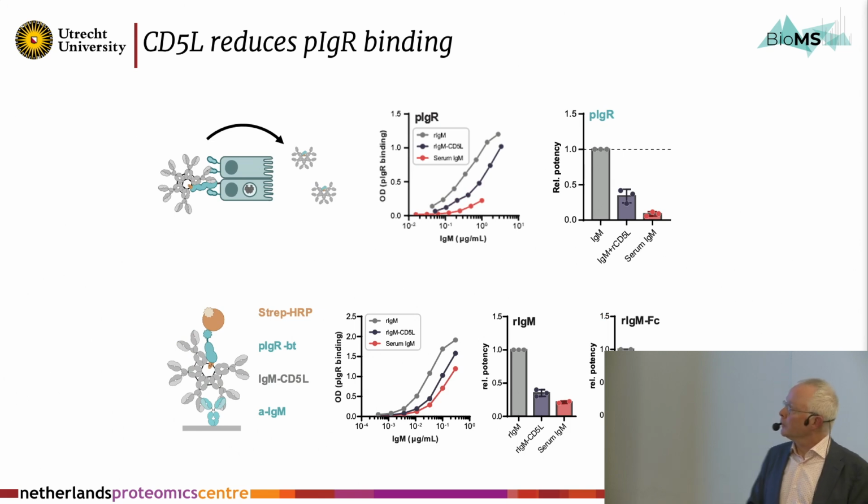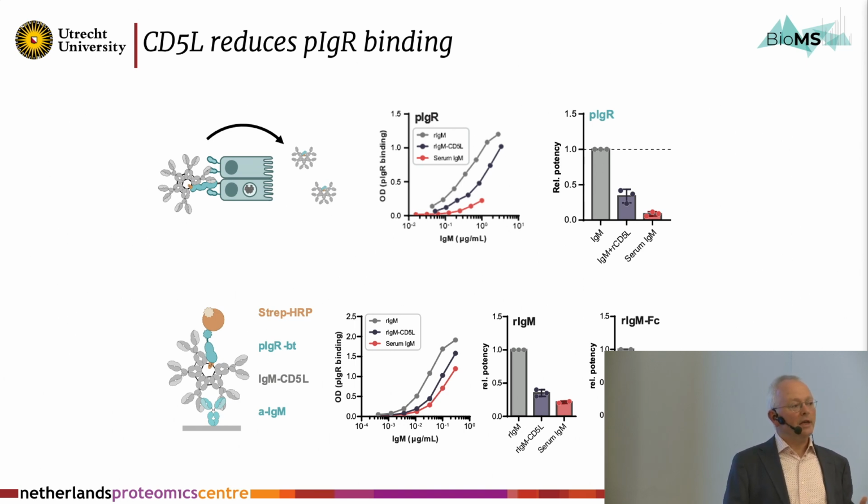Now another one that is really triggering something that we did next, we also looked at another molecule that secretory IgA, but also secretory IgM binds to, and that's a molecule called PIGR. And here we also showed that when the CD5L is present, the IgM cannot bind to PIGR anymore.